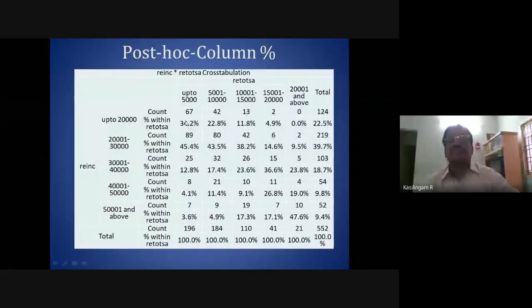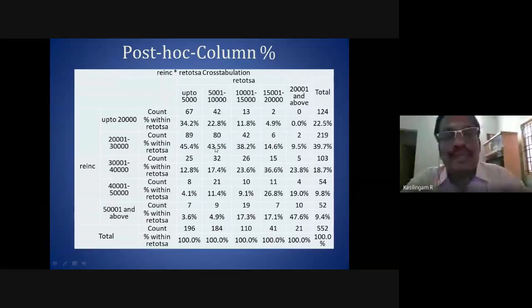This is also right. But this saving category we have already associated with this income category, so we have to remove this one. The next one is this one. Then we can say above 5,000 and above 20,000 are associated. Like that we can see by using column percentage.